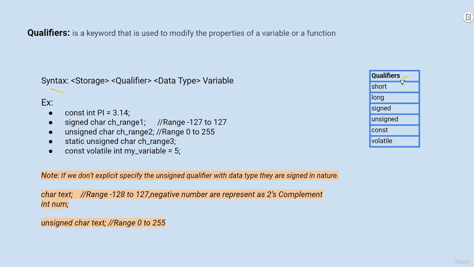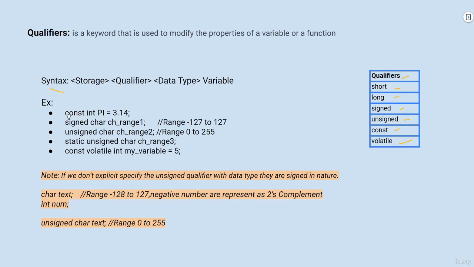These are the qualifiers: short, long, signed, unsigned, const, volatile. Whenever we use these keywords, we modify the property of the variable.